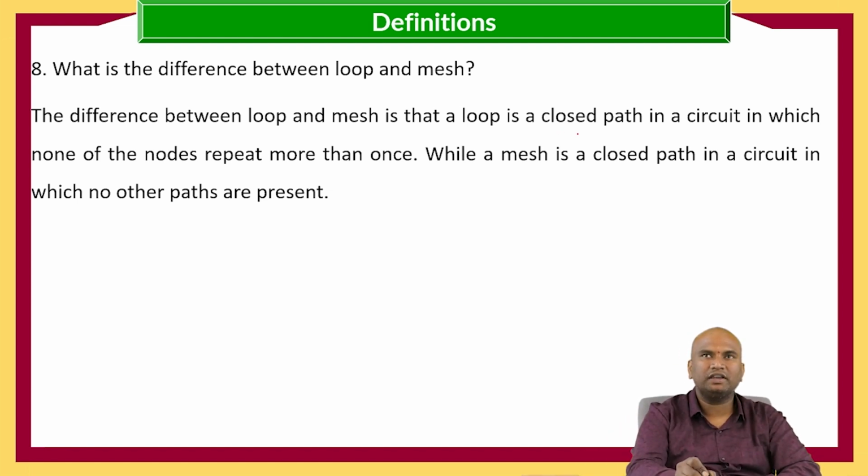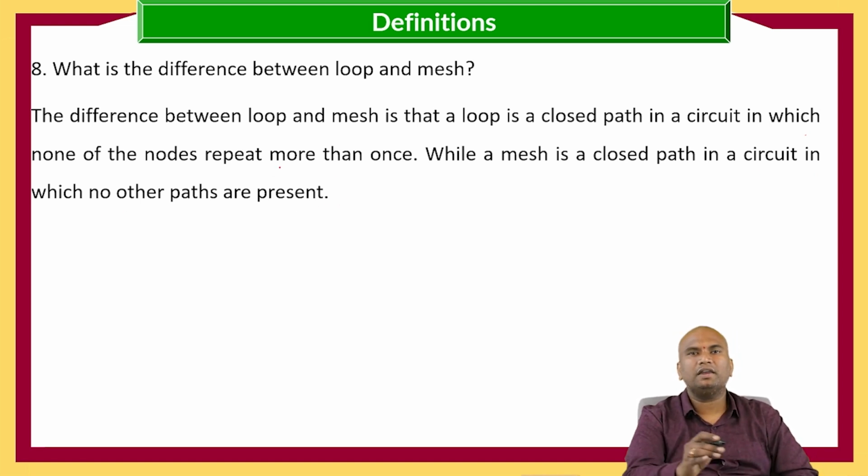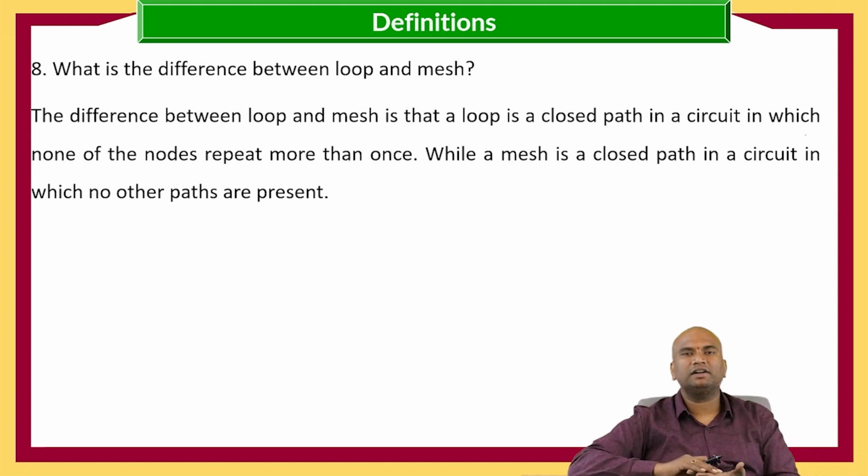That is, a loop is a closed path in a circuit in which none of the nodes repeats more than once, while a mesh is a closed path in a circuit in which no other closed paths are present. Here there may be other closed paths present in a loop, whereas with a mesh there are no other closed paths.